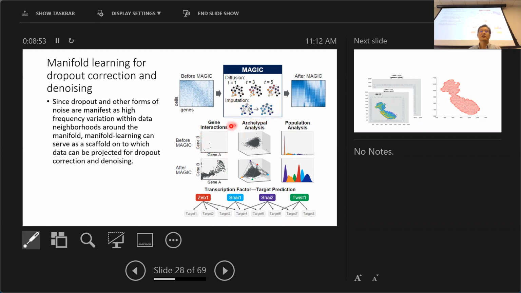After using MAGIC imputation, all those zeros have been replaced with small values according to the neighborhood relationship among cells. So you actually recover a better correlation if these two genes are positively or negatively correlated. Because all the cells have values, you start to see the correlation.